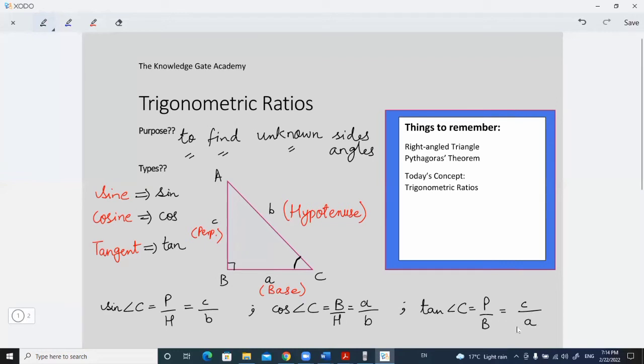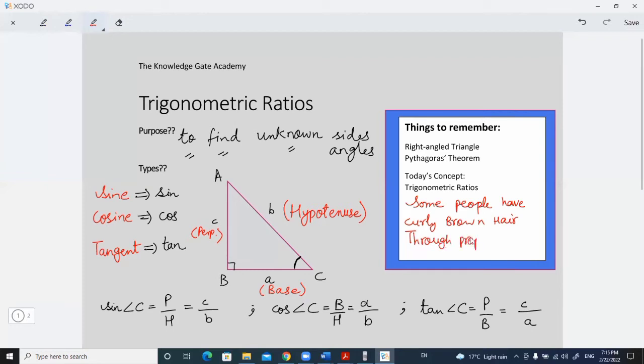So how to remember these ratios? There is just one simple sentence from which you can remember them: Some People Have Curly Brown Hair Through Proper Brushing.